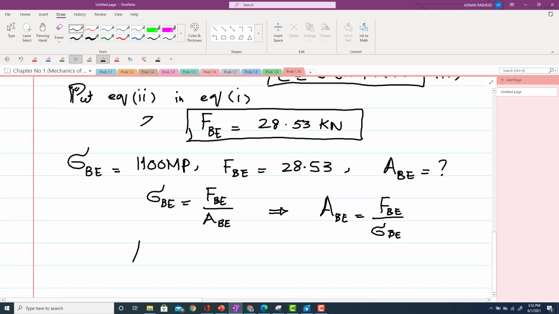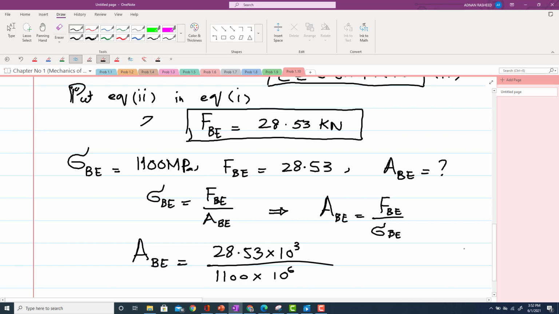So putting the values, area of BE is equal to FBE, 28.53 into 10 raised to power 3 Newton, and stress is 1100 into 10 raised to power 6 Pascal. Clear? Megapascal.